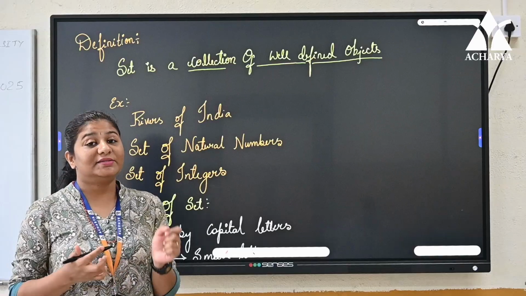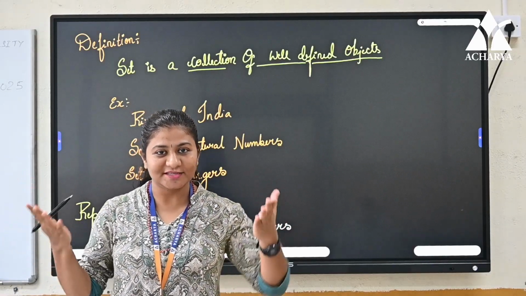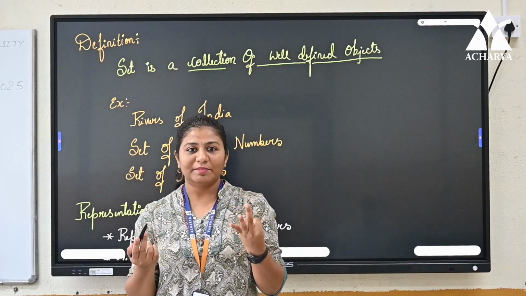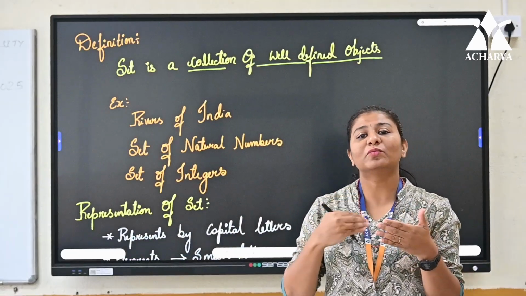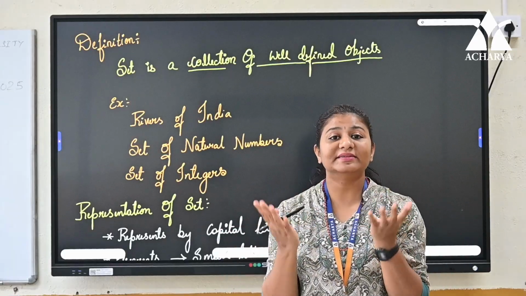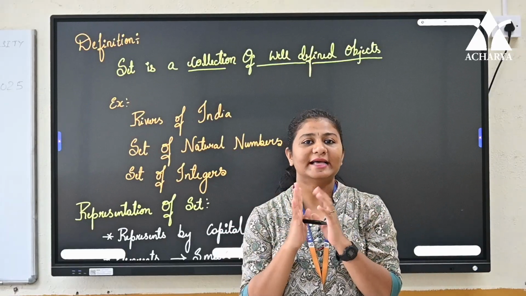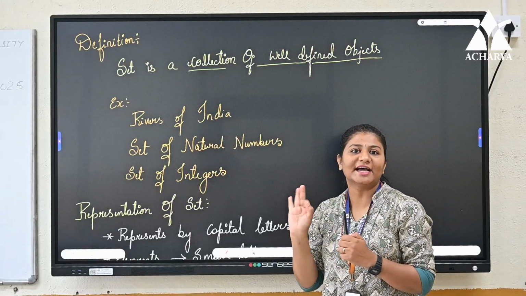Let us see. Rivers of India: how many rivers are there? So many. One is Ganga, Brahmaputra, Yamuna, and many others. We are listing them one by one. That is the collection of rivers flowing in India, and it is called a set. It is well defined.